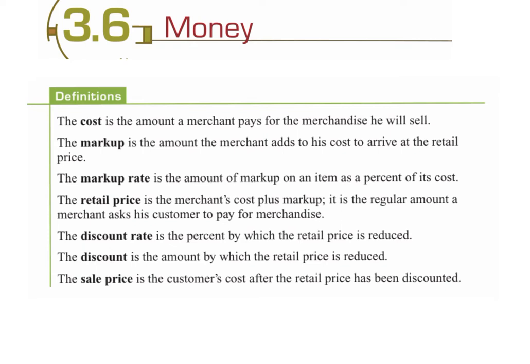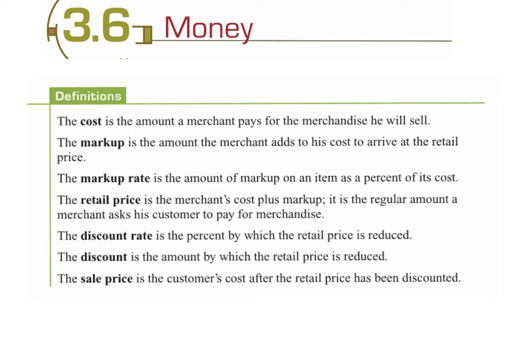So let's talk about these 3. A business buys something for a specific cost. That is the cost of the item to the merchant. And when they refer to cost, they're not talking about cost to the consumer. They're talking about cost to the person selling it. The markup is an amount. So they take something for $10 and they add $3 to it. $3 is the markup.